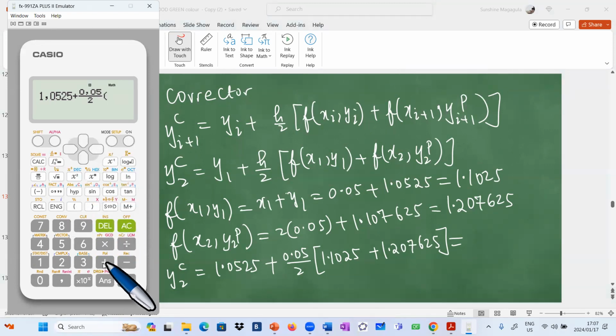We put an open parenthesis 1.1025 plus 1.207625, equals. This is the answer: 1.110253125. Good.